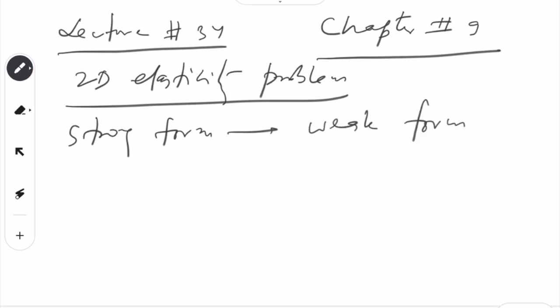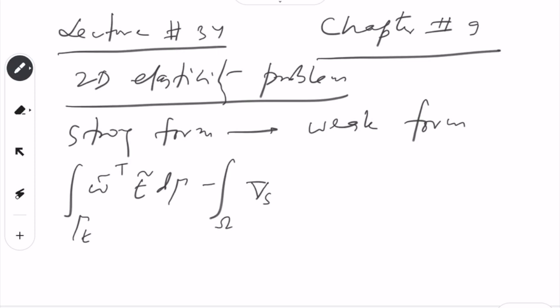The weak form that we have so far is like this: integral over gamma t of w tilde transpose t tilde d gamma, minus integral over omega of del s w transpose of that, d tilde del s u tilde d omega, then we have plus.